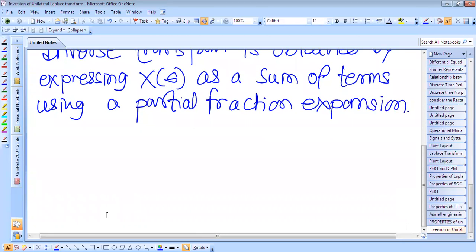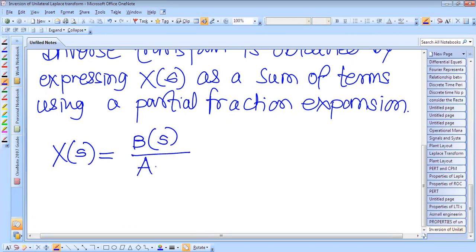Suppose X(s) is given by B(s) over A(s), expressed as a ratio of polynomials.